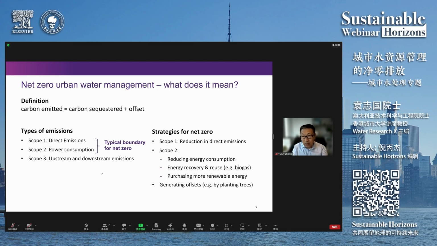In terms of strategies to reduce emissions, for Scope 1, we just need to reduce the emission. And for Scope 2, there are a few options. One is we reduce energy consumption, then we reduce Scope 2. The other one is you recover energy and use that energy for the treatment process, and in that way you reduce energy consumption, then you reduce your Scope 2.